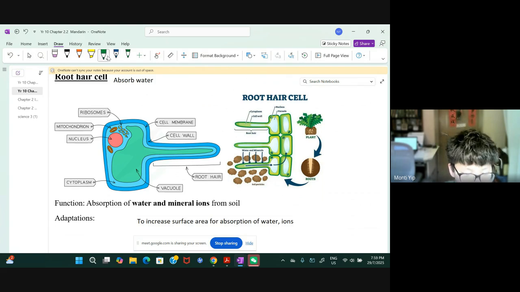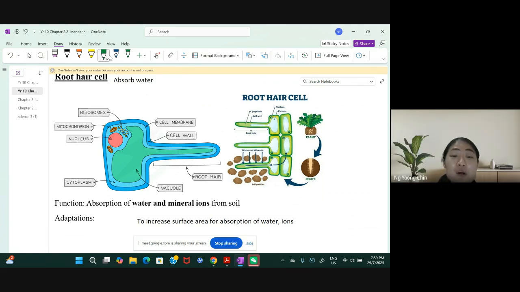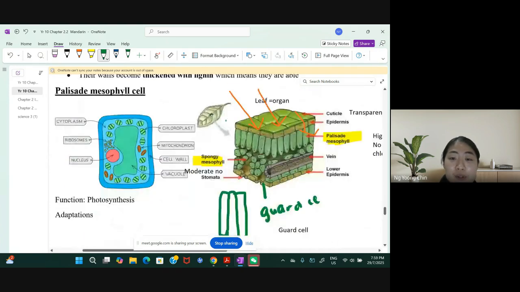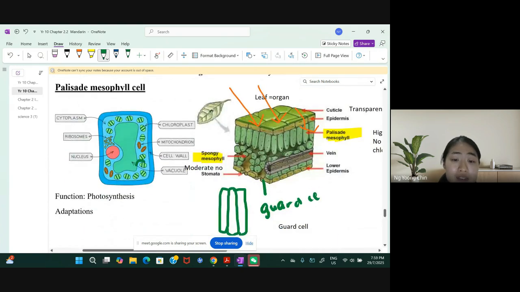I thought the cytoplasm was chloroplast. No. Okay, the chloroplast is like this. You can see the structure? This is the chloroplast.